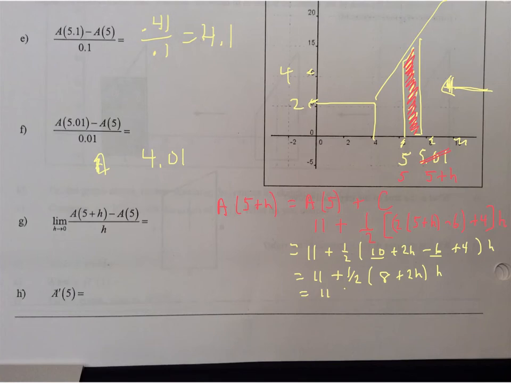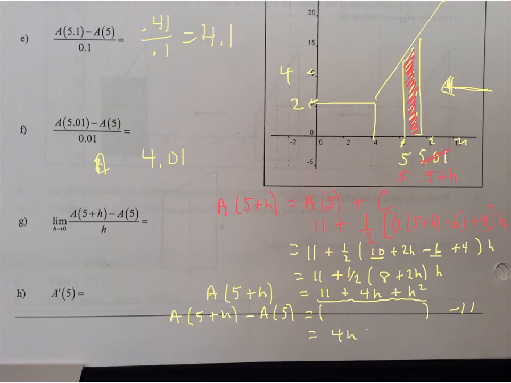And that would be 11 plus 4h plus h squared. Now again, that's A of 5 plus h, and our numerator is supposed to be A of 5 plus h minus A of 5. So A of 5 is 11, so I'm going to have this term minus 11, so I'm just going to have 4h plus h squared.